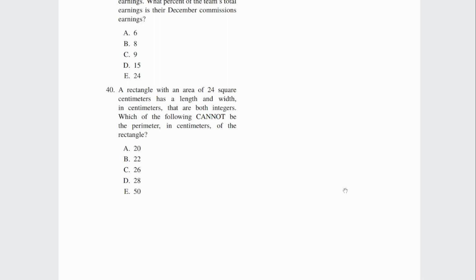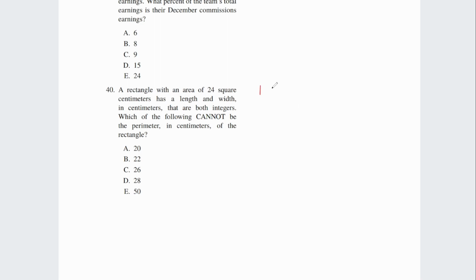Question 40 asks, a rectangle with an area of 24 centimeters has a length and width in centimeters that are both integers. Which of the following cannot be the perimeter in centimeters of the rectangle? Let's just think for a minute about what you can do to make a rectangle with an area of 24 centimeters with a length and width that are both integers, which means that they're positive whole numbers in this case.